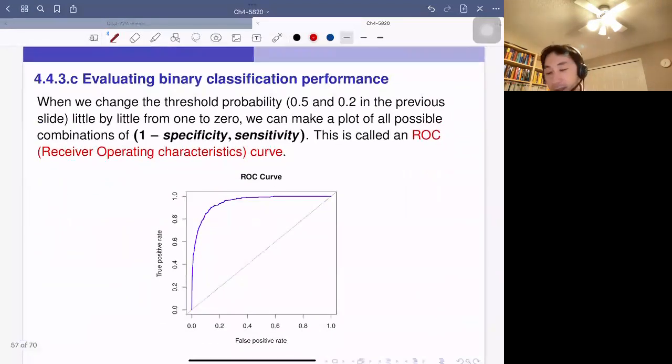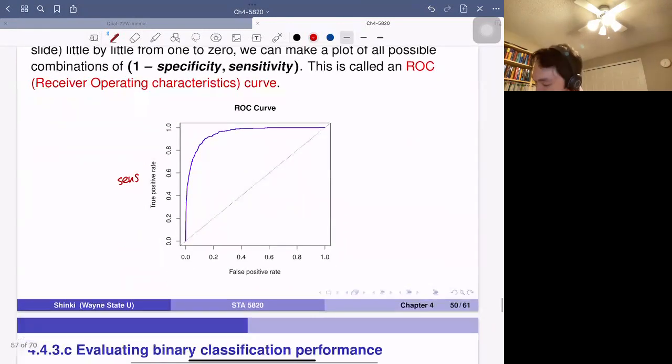So we think about the pair of sensitivity and specificity. We have a trade-off between these two values, right? So we basically have sensitivity on the y-axis and 1 minus specificity on the x-axis. The ideal case is when sensitivity is 1 and specificity is 1.